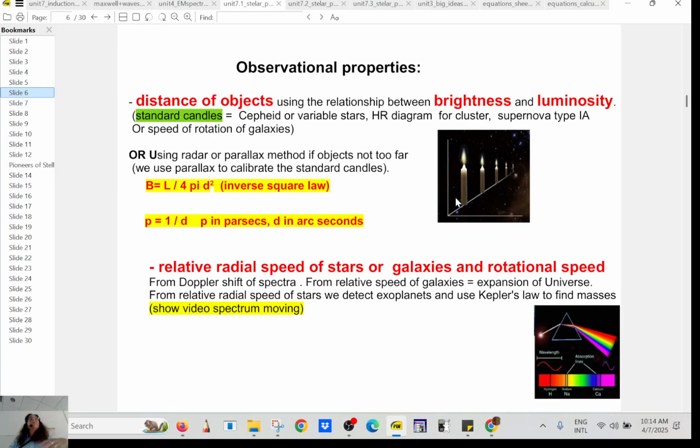For example, when they were working in the 1990s to understand the evolution of the expansion of the universe, they used supernovae as standard candles. Supernovae are explosions that happen at the end of some stars' lives, and they get very, very bright, always the same brightness.